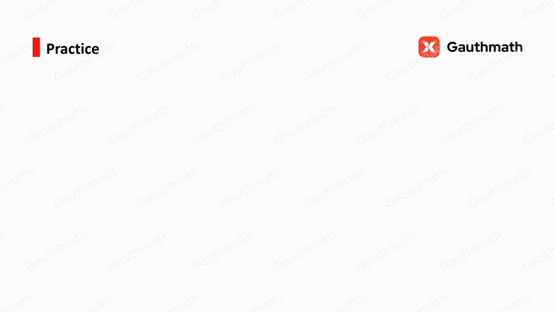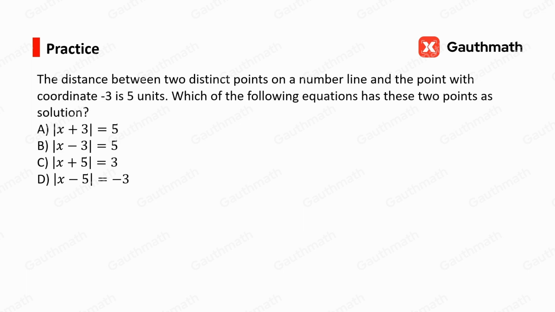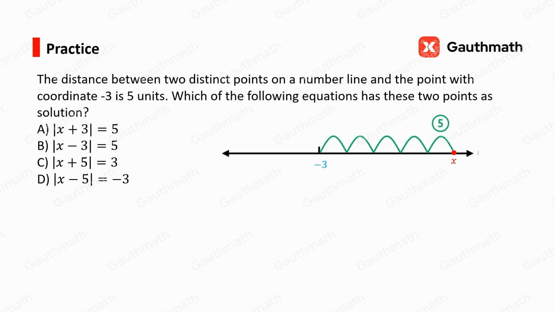Let's look at a practice question. The distance between two distinct points on a number line and the point with coordinate -3 is 5 units. Which of the following equations has these 2 points as solutions? And we have A, B, C, D, 4 choices. So we have a number line and we find -3. And then let's say X is 5 units from -3.